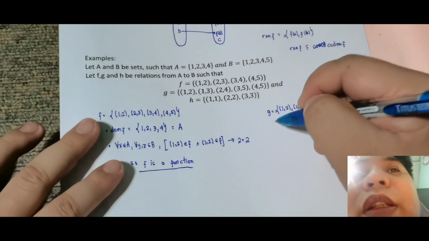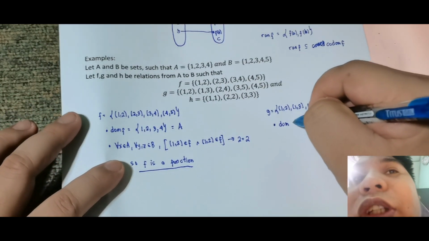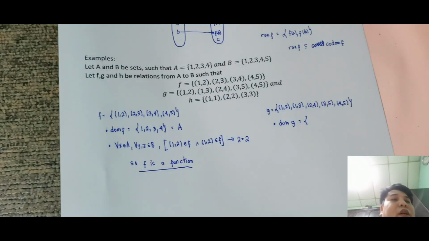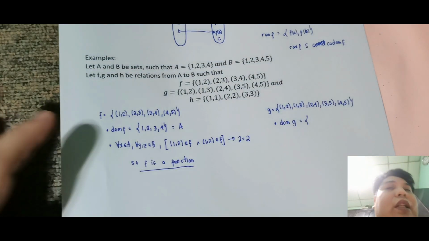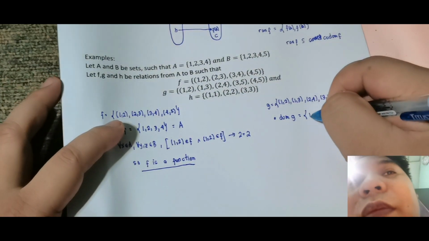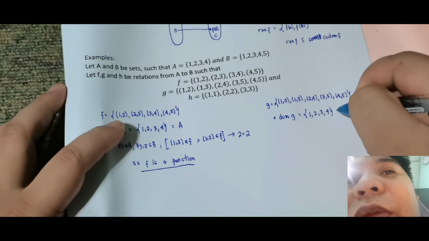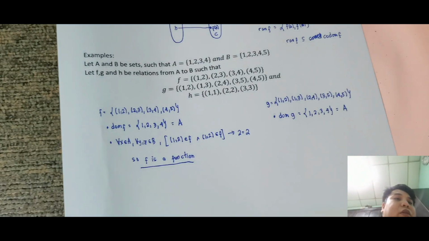Ano yung kanyang domain? So, test 1. What is the domain of G? So, tandaan na, domain of G na. So, domain of G is 1, 1, 2, 3, 4. So, since 1, 1 yun, isa na lang lalagay ko. So, that is 1, 2, 3, and 4, which is equal to A.